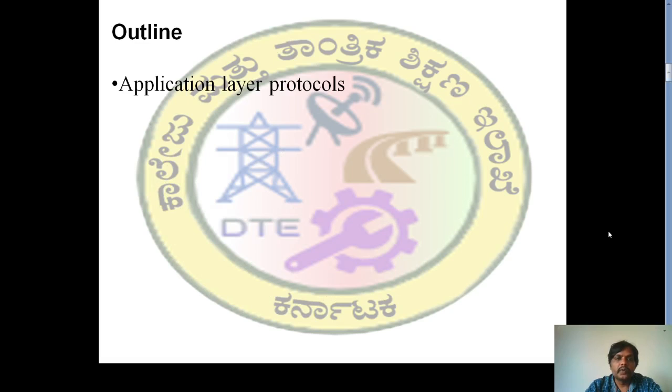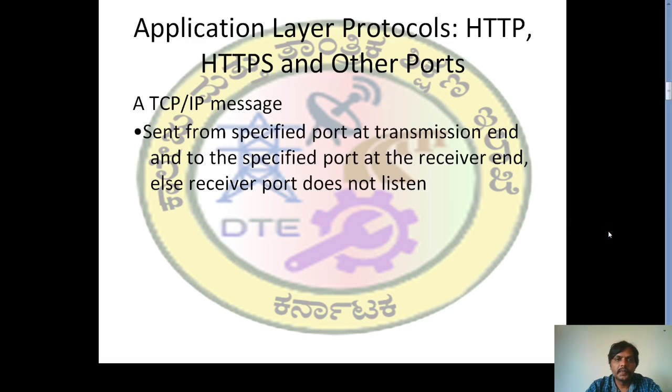In this session, we are going to discuss application layer protocols. So we have protocols like HTTP, HTTPS, FTP, and other protocols. A TCP/IP message is sent from a specified port at the transmission end and to the specified port at the receiver end.